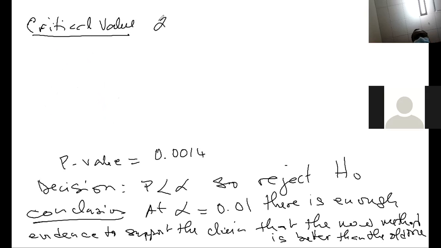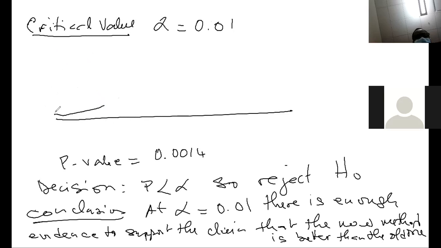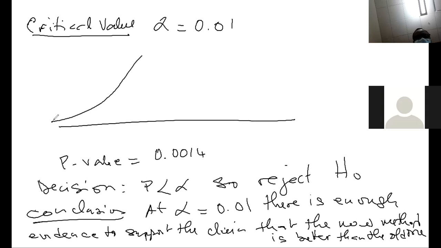Here alpha equals 0.01, so that means the probability of type 1 error is 0.01. Since it's a right tail test, alpha is here, and we determine the critical value. The area to the right of the critical value is 0.01, so the critical value is 2.33.